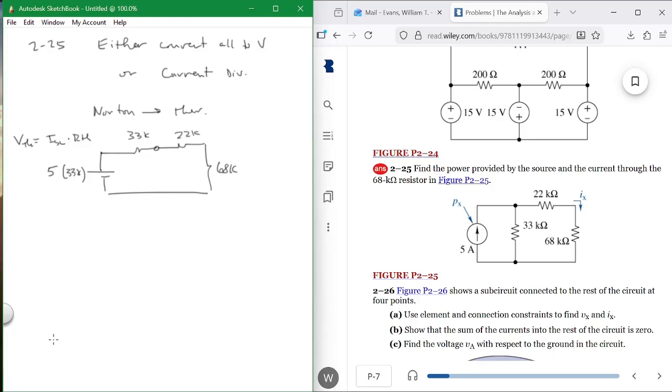All right, so the current is now what? I is equal to V over R. What is V? It's 5 times 33K over R. It's 33K plus 22K plus 68K. 33 plus 22 plus 68 is what? 123. All right, so what is I?